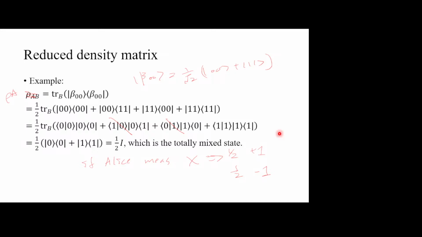And with 1/2 probability the +1 outcome, the resulting density matrix on Alice's part will become plus, and for the -1 outcome the resulting density matrix on Alice's part will be minus.